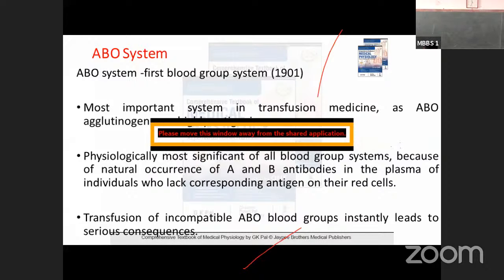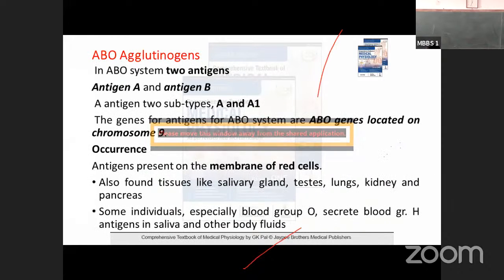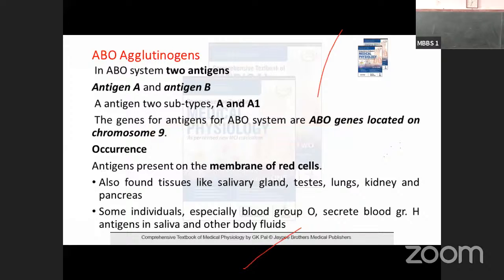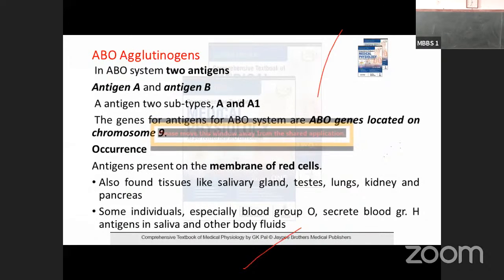These antibodies are present in the plasma, and the antigens are present on the cell membrane of the red blood cells. There are two types of antigens, A and B. The subtypes of A are A1 and A2. They occur on the membranes of red cells, and are also found in tissues like the salivary glands, testes, lungs, kidney and pancreas.